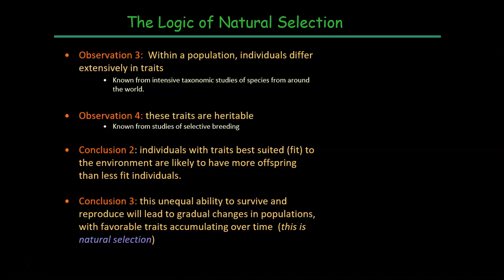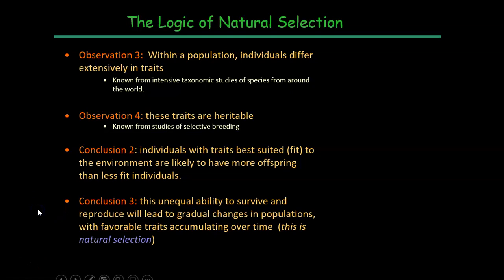In other words, traits that are getting outcompeted, traits that are not well suited for the environment, those get left behind because the individuals with those traits are having few offspring or they are having 0 offspring. And so consequently, those that have traits that are well suited to the environment, they're the ones that are forming more of the next generation. Okay? This process, it might sound pretty simple, but this process is what is called natural selection.